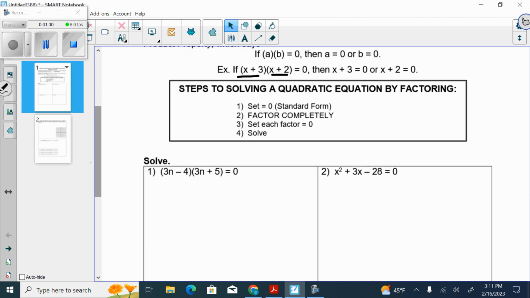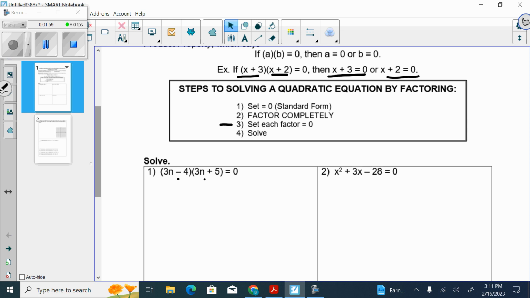Here, they've already factored it, right? You take it out of that parenthesis and set them both equal to 0 and then solve for x. So on number 1, is it already set equal to 0? Yeah, it has equals 0 right there on the end. And lucky for us, it's already been factored. We already have 2 sets of parentheses, so I don't have to do step number 2 either.